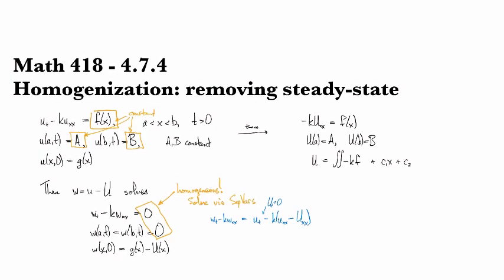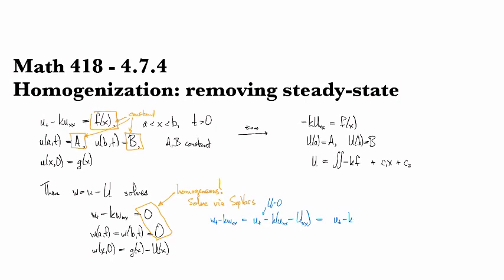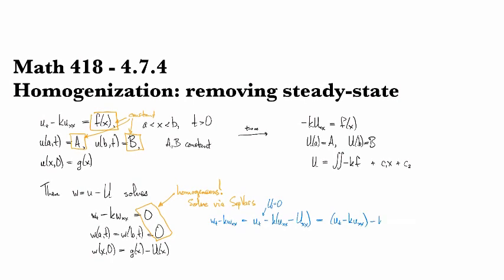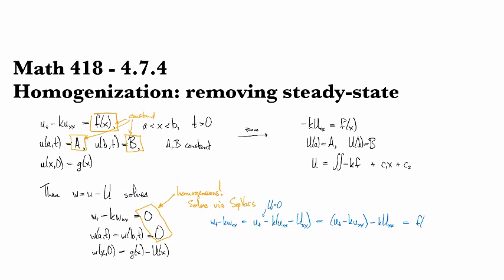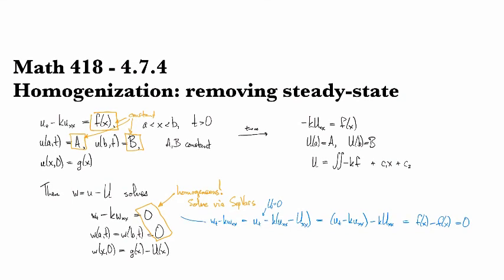And then this regroups as ut minus kuxx minus k capital Uxx, which is going to give you fx minus fx, which is 0. All right, so that's the explanation for this part right here.